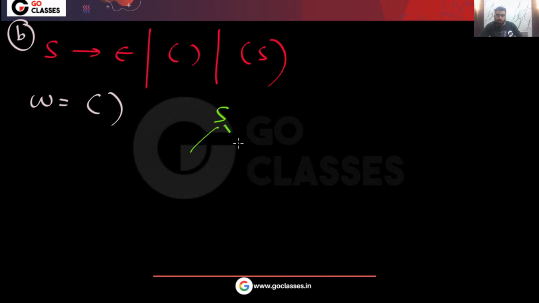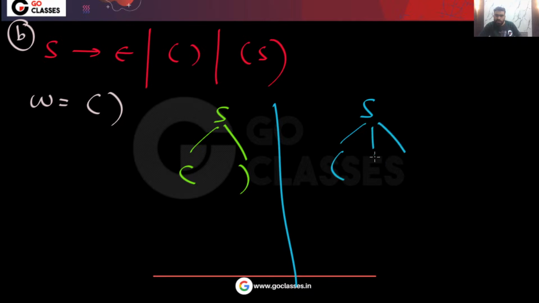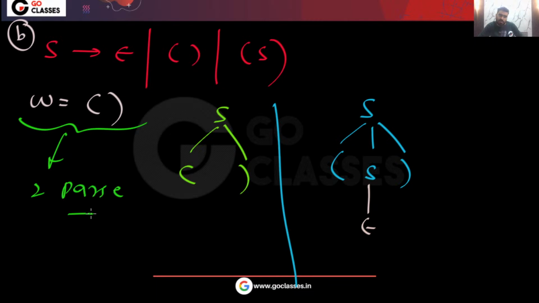Another parse tree is where this S you can replace with this one, and then finally this S you can replace with the empty string. So for this string there are two parse trees. Is this clear? I hope you understood this.